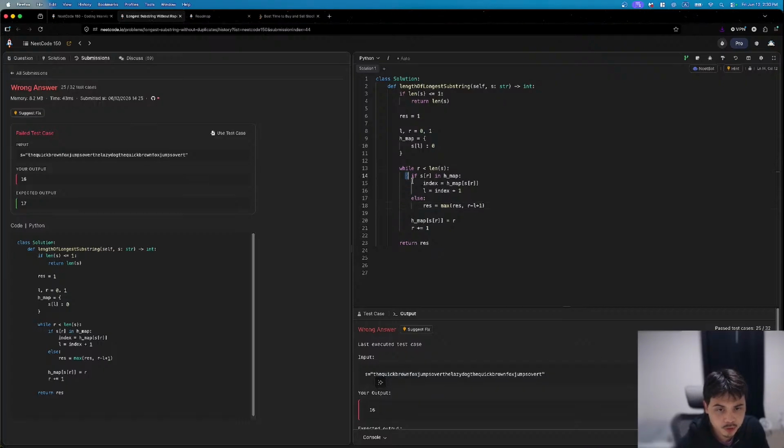Like even if we updated our left index, okay.